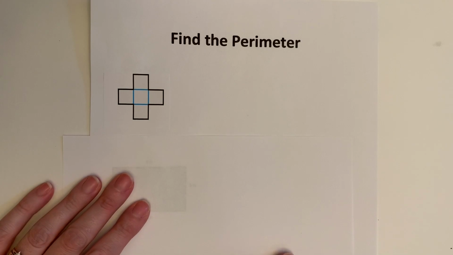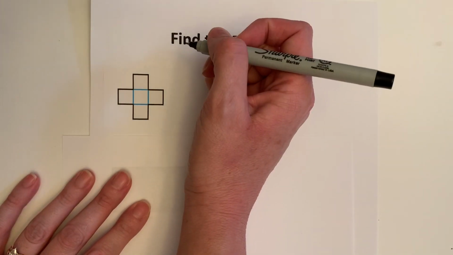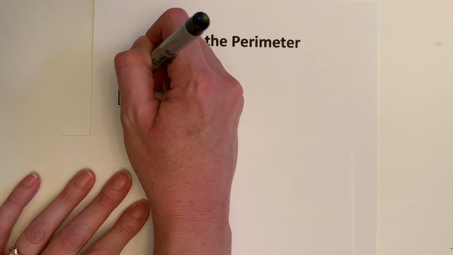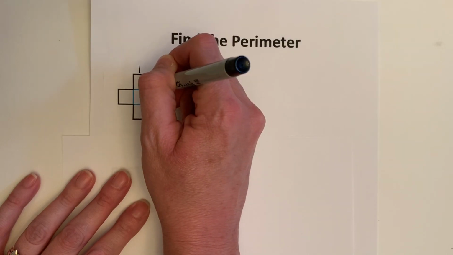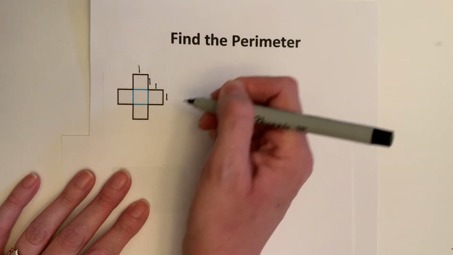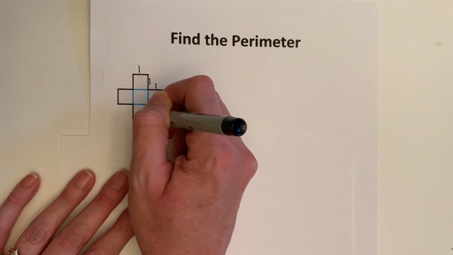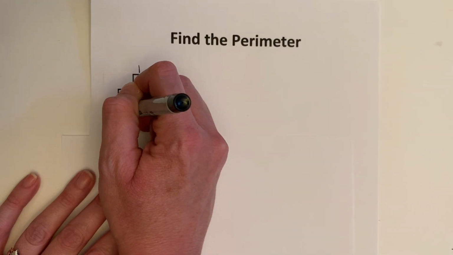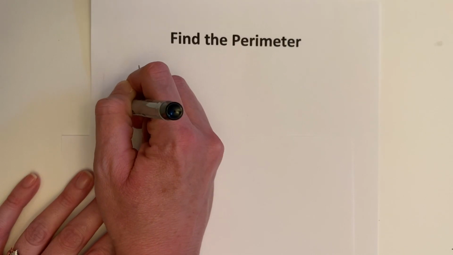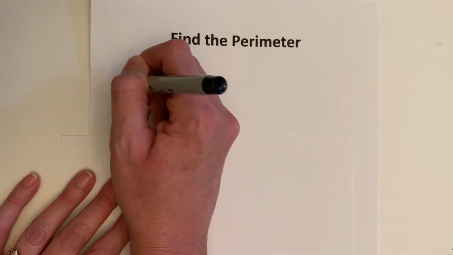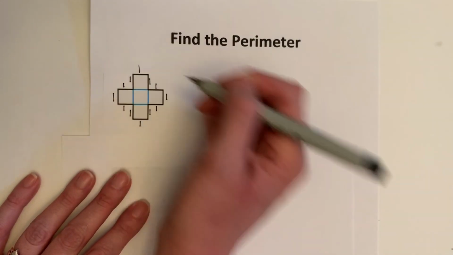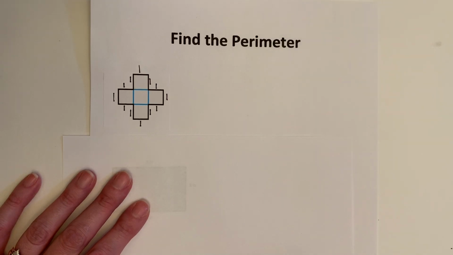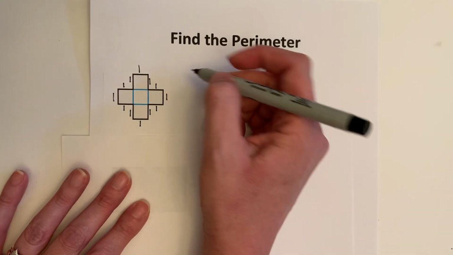I can also go ahead and label my side lengths and then add those together. Each side length is 1 unit. So essentially, we're going to be adding all these ones together.